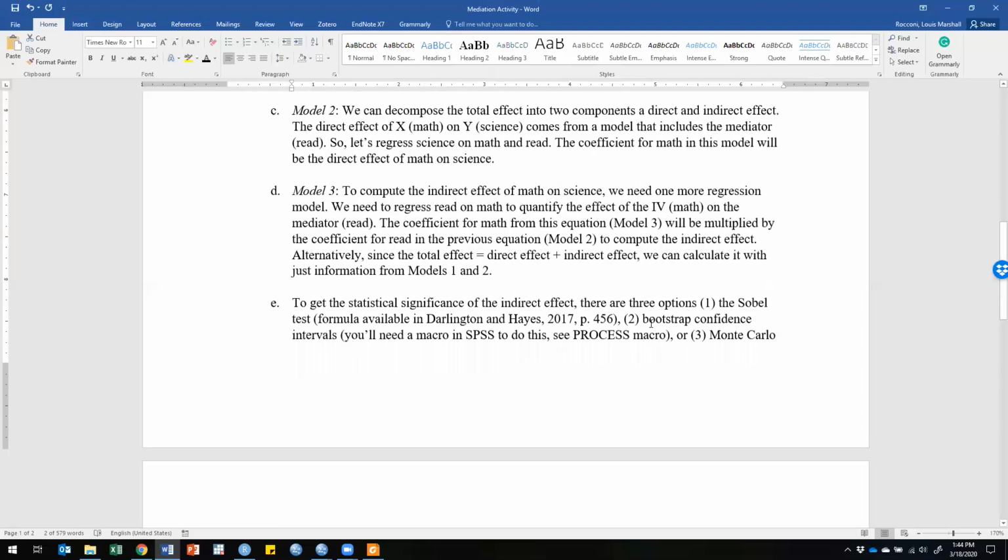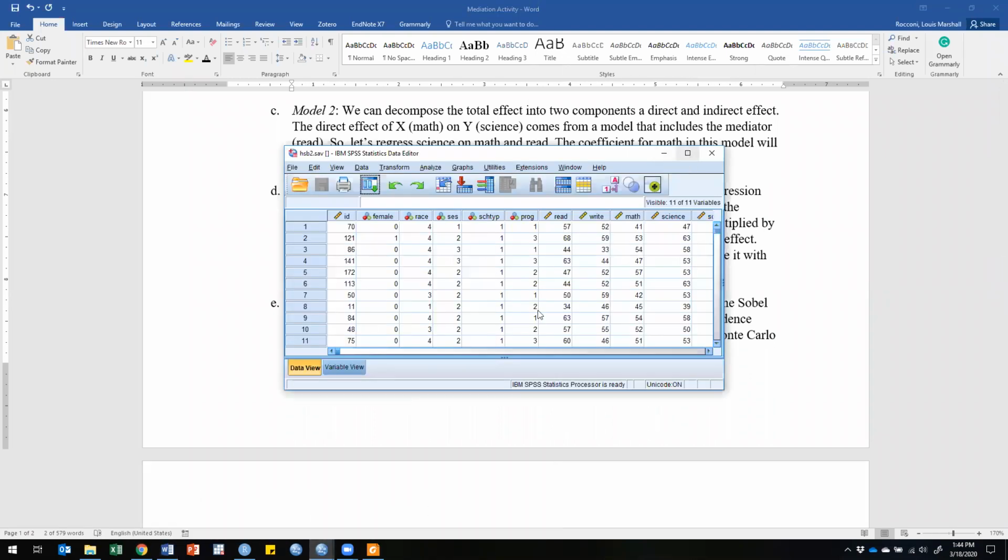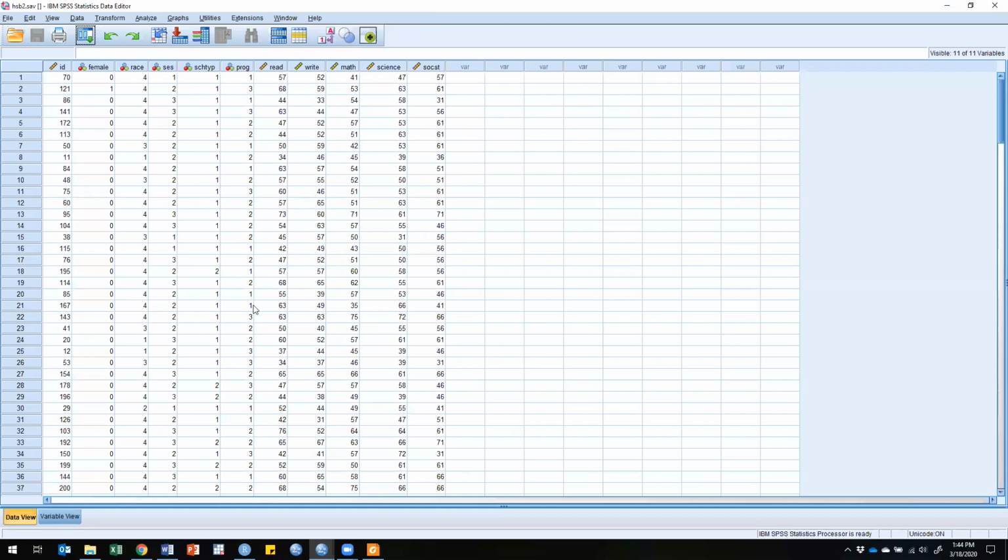Another way is that you can bootstrap the confidence interval. What bootstrapping does is it's going to take your data set here of 200 participants. We're going to randomly sample 200 people out of this data set with replacement.